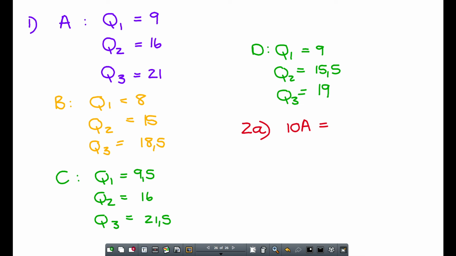Okay. Right. So 10A, you would have 17,53. Is julle reg daar? By 10B het jy 18,35. En by 10C moet jy hê 14,44.